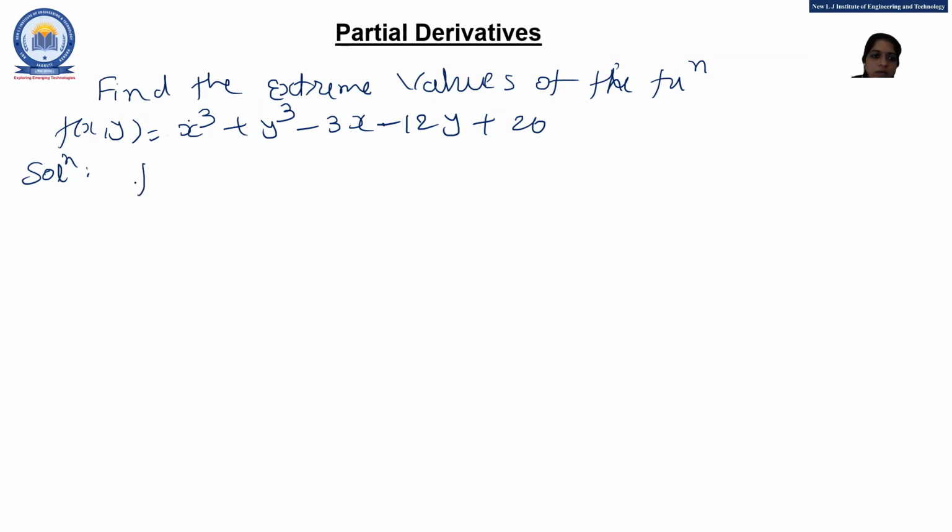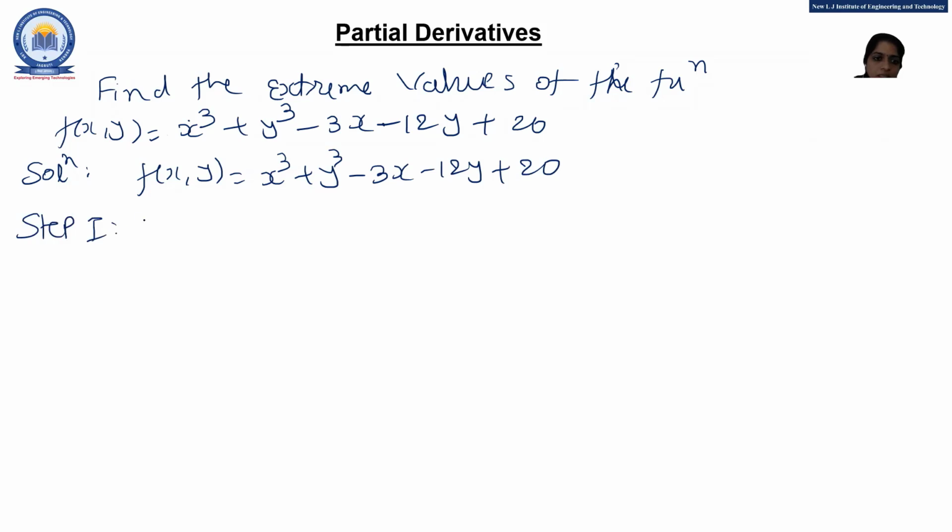Here, our given function f of x y is equal to x cube plus y cube minus 3x minus 12y plus 20. So step 1 for extreme values. Okay, now is everyone ready with the answer? I will ask any one of you.